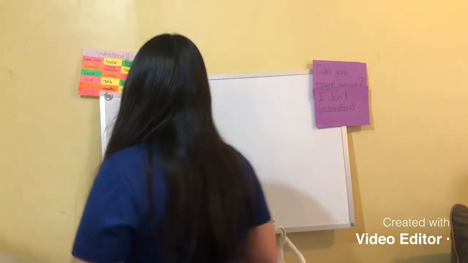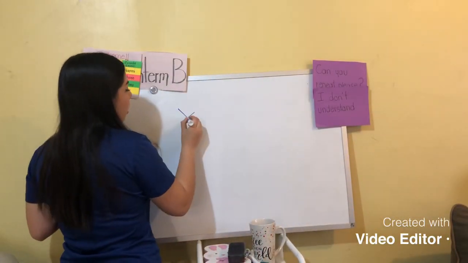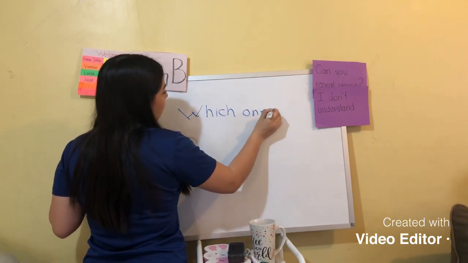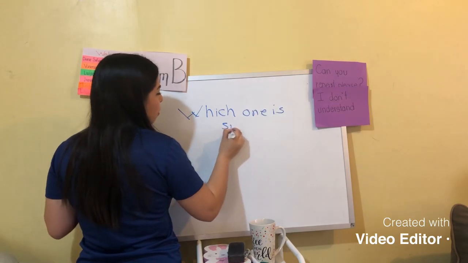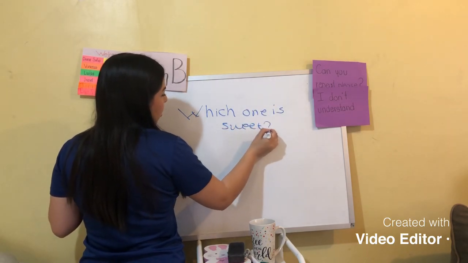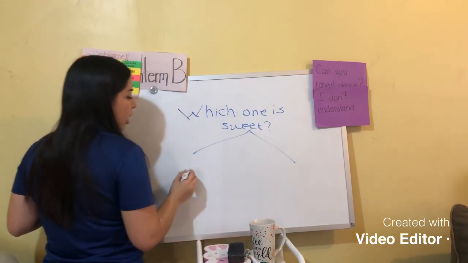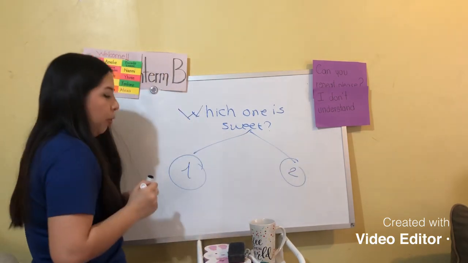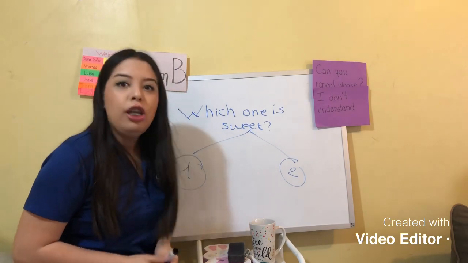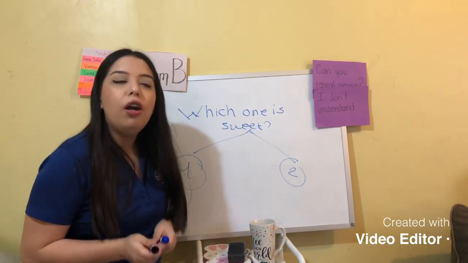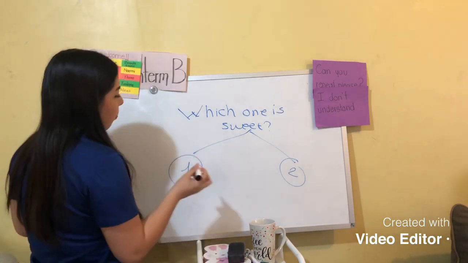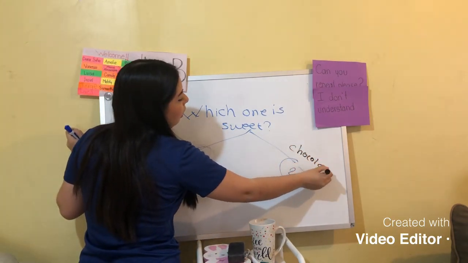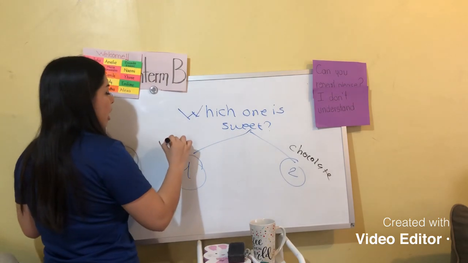In the video, it says which one is, I don't know, sweet. And you have 2 options, okay? One option and the other option. So for example, the correct option, you are gonna put it in your notebook. For example, imagine that this is chocolate and imagine that this is lemon.